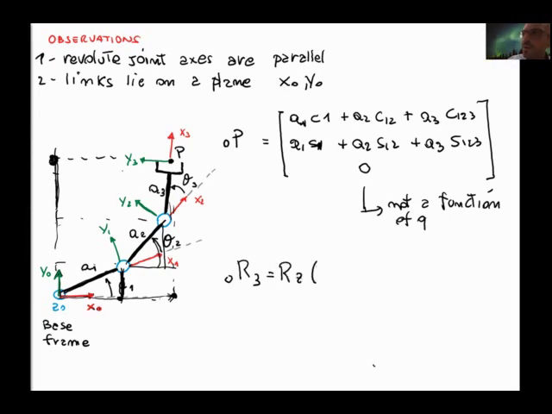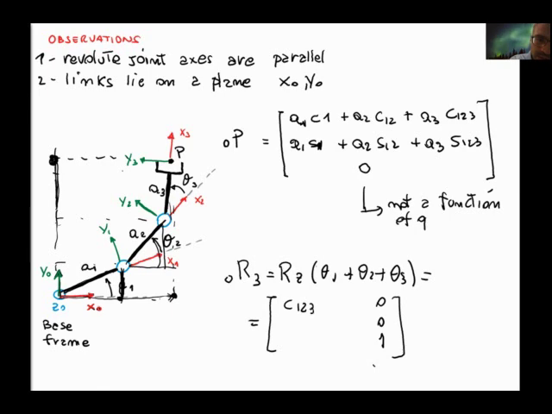Very good. So we have theta 1, theta 2, and theta 3. And this, we remember, is a rotation matrix with 0, 0, 1 in the z-axis.